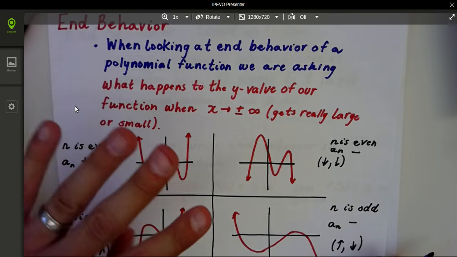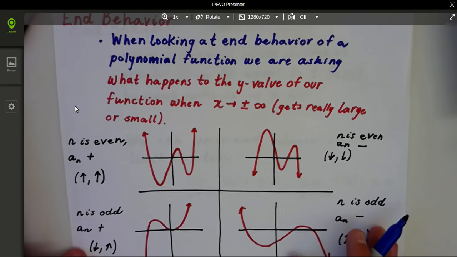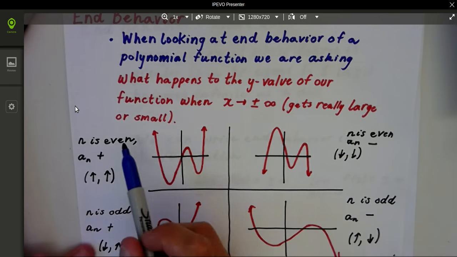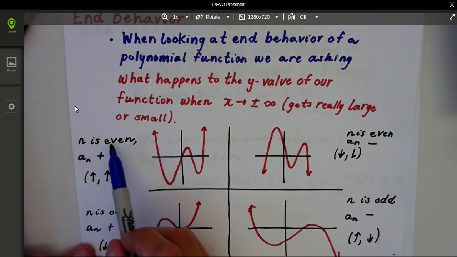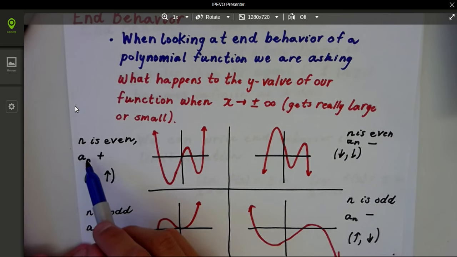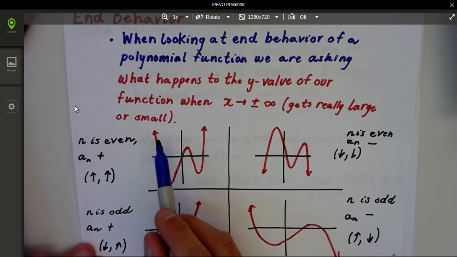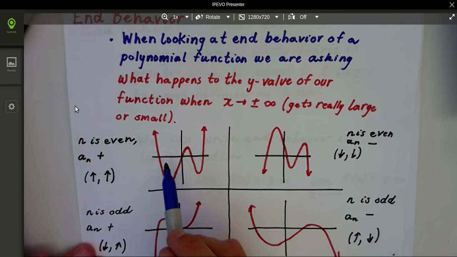There are four cases here, and we're talking about polynomials. When your degree is even and your leading coefficient a sub n is positive, you have up, up. This would be an example like an x squared function or x to the fourth.